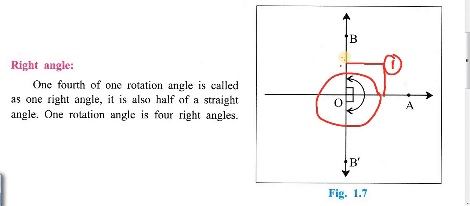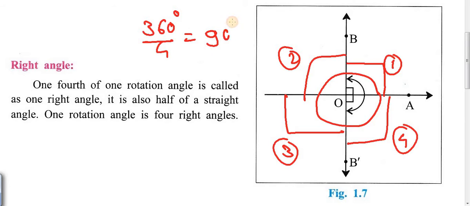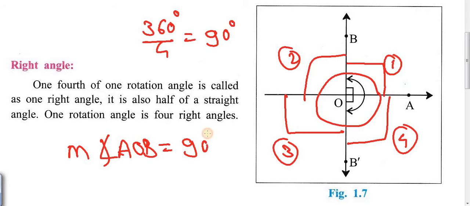Part number 1, number 2, number 3 and number 4. So if we divide 360 degree into 4 equal parts, then that gives us the measurement of a right angle, and therefore the measurement of a right angle is equal to 90 degree. So measurement of a right angle AOB is equal to 90 degree.